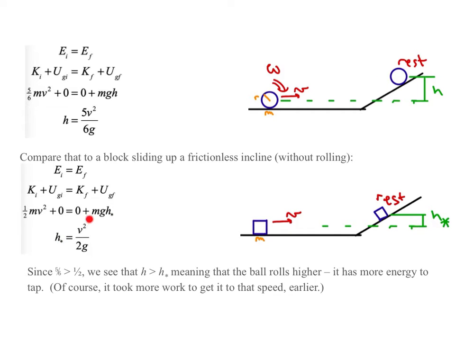And in fact, h star is v squared over 2g, which means since 5/6 is more than a half, the height this has is more than the height that this reaches. They were not equal. The ball rolls higher than the block slides. Why? Because it has more energy to tap. It started off with more kinetic energy, and all of that's turned into gravitational energy, so it goes higher. Of course, in the beginning of the problem, somewhere out here, it took more work to get it going up to that speed, but that's what we were interested in.